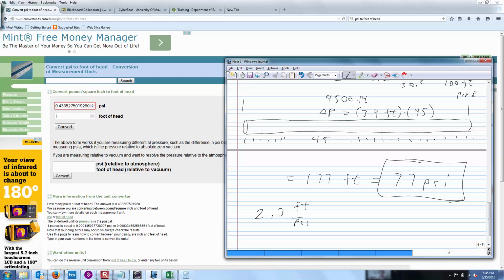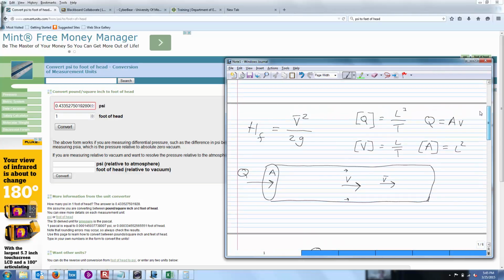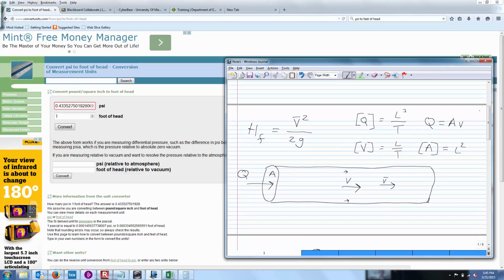Okay, that's a lot of calculations. I'm not sure where it's gotten us. But let me just review. Okay, so first we decided that you're losing, and again, these are kind of weird units, but H in feet, and H from last week, we know that is head of pressure, and that just goes back to one little 1-inch square column of water.